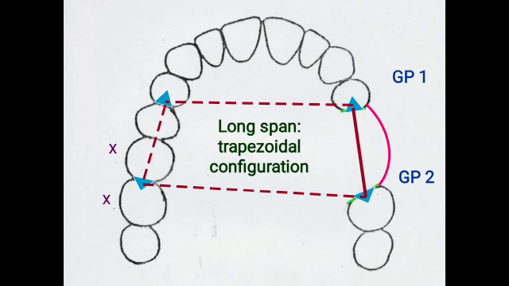That means we are creating some distance between the additional rests, so that the area which is occupied will be more, so it will be advantageous in distributing the load over a wider area. So depending upon the number of teeth that have to be replaced, we have to change our design of the removable partial denture.